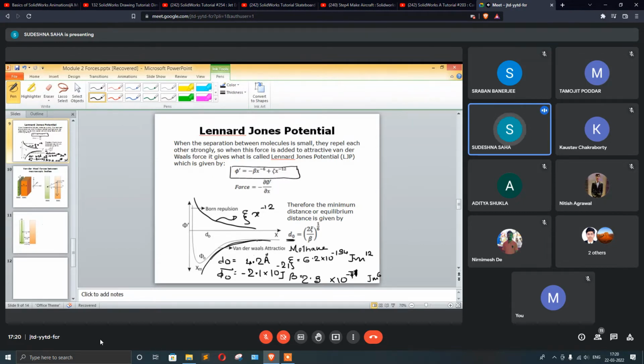So if you put two molecules of methane together as close as possible, you cannot go closer than 4 angstrom. You have to keep the two molecules separated by 4 angstrom, and that will give you a potential of minus 2.1 into 10 to the minus 21 joules. Okay, ma'am, is it clear? Yes, ma'am. Okay.